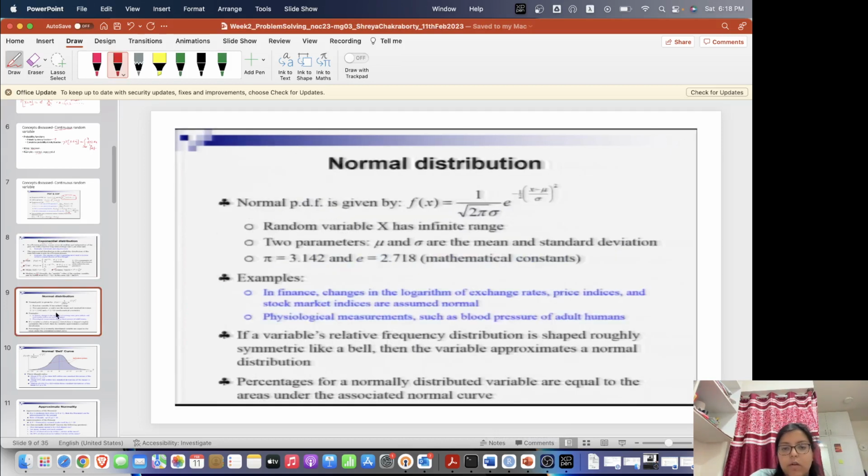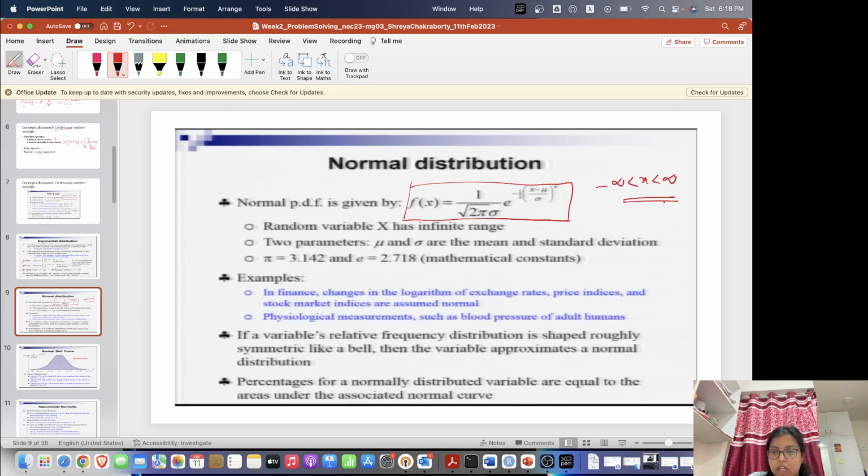And also we discussed what we mean by a normal distribution and how the PDF looks. This is the functional form of the PDF, where x can take values from minus infinity to plus infinity.